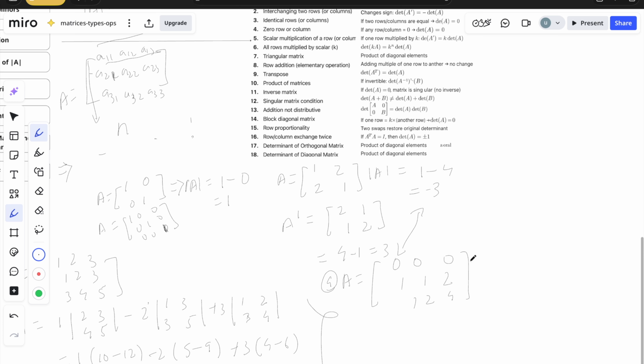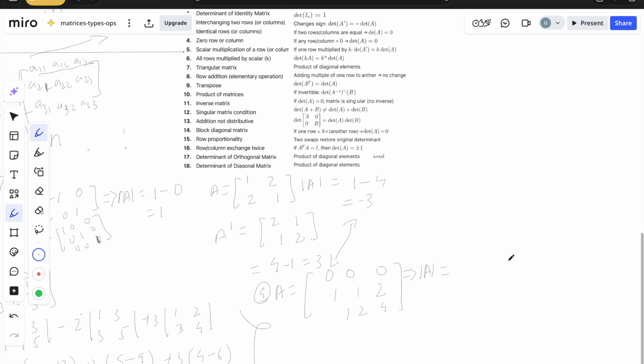And you can observe this, like if we try and calculate the determinant of A, for obvious reasons, this will be 0 times the determinant of 1 2 2 4, minus 0 times the determinant of 1 2 1 4, and again plus 0 times the determinant of 1 1 1 2.